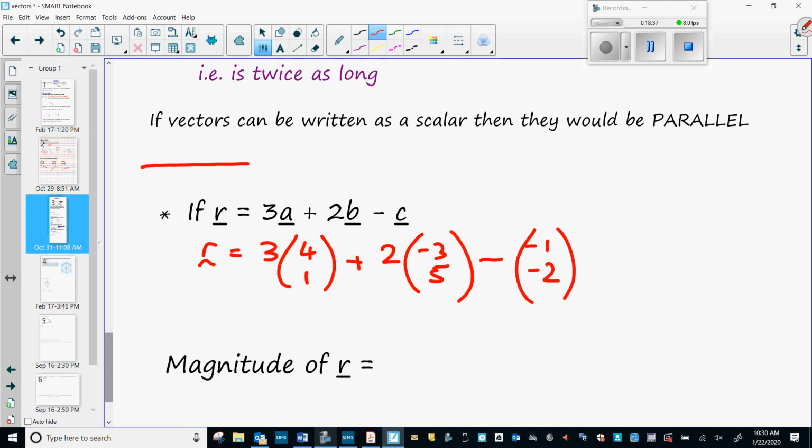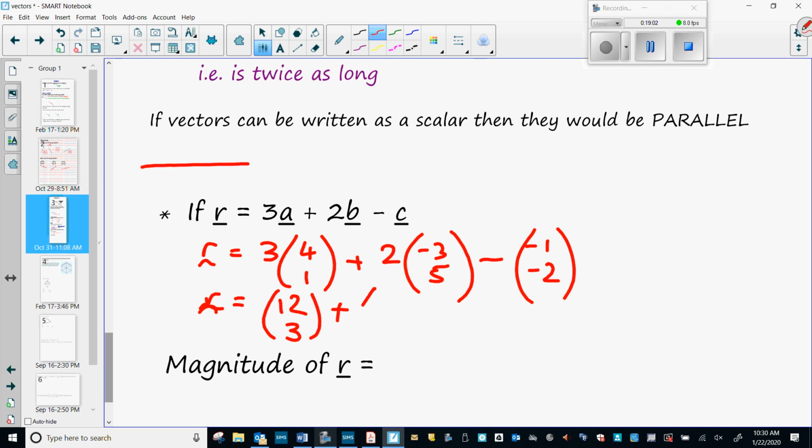Is everyone happy with that so far? What do we think we're going to do if we've got a big number in front of a vector? So this vector would now be 12, 3.